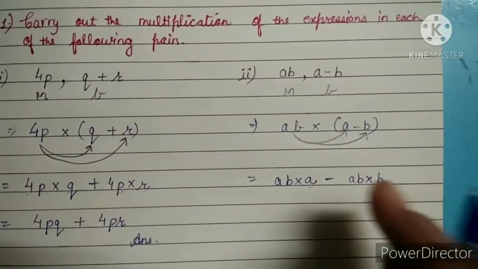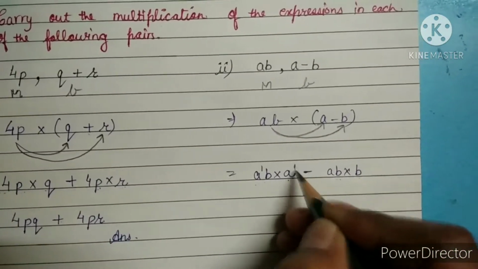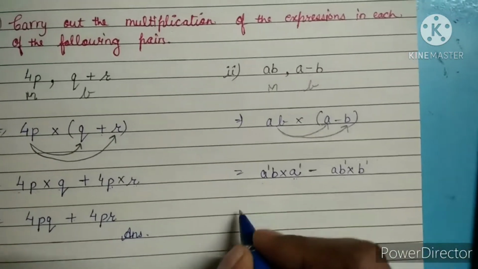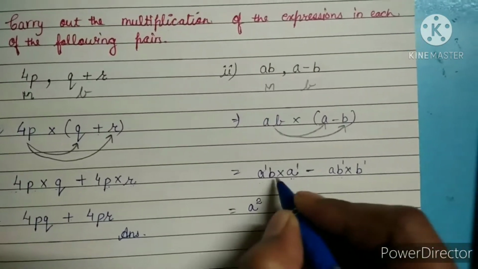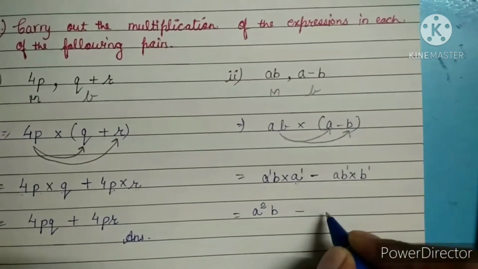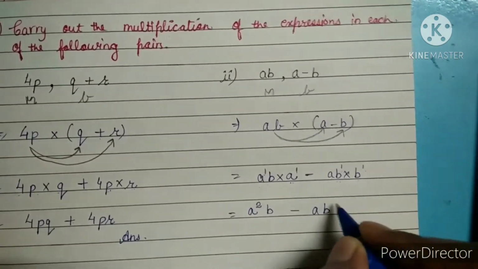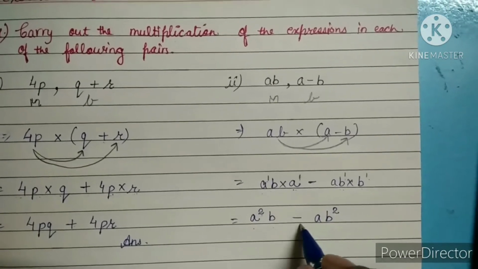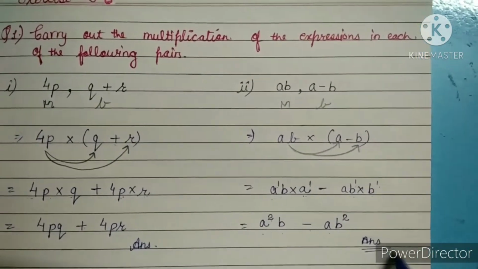It means their power will add. So here 1, here 1, here 1, here 1. So you can see a is to power 1 plus 1 is 2, b as it is, minus a as it is, b is to power 1 plus 1 is 2. So our answer is a square b minus ab square. This is our answer.